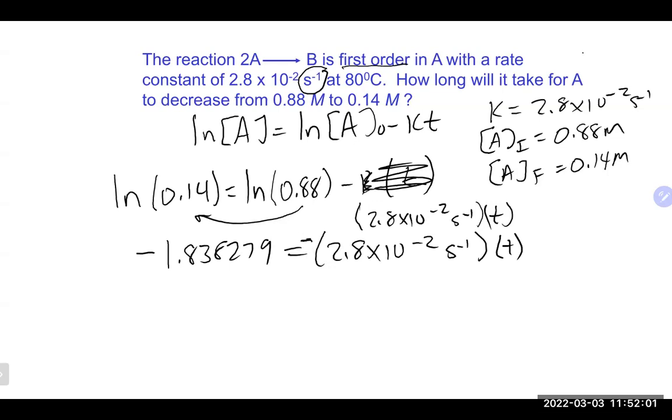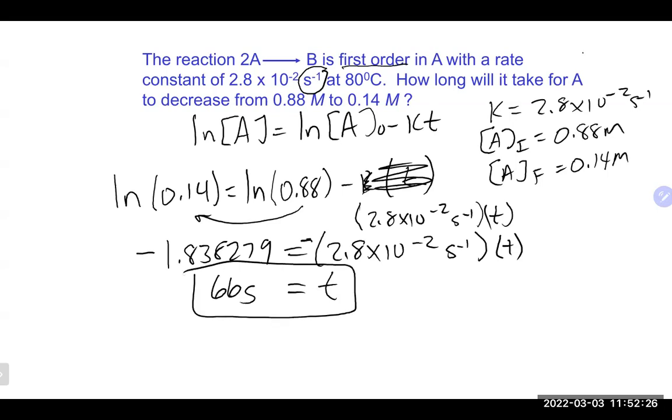We're then going to take that number and divide it by our rate constant, which obviously has the negative on that side. So taking negative 1.838279, divided by negative 2.8 times 10 to the minus 2, lands us on a time that is equal to 66 seconds approximately.